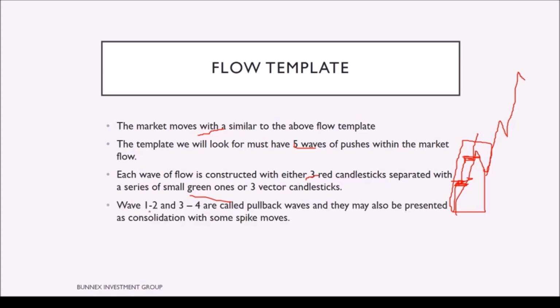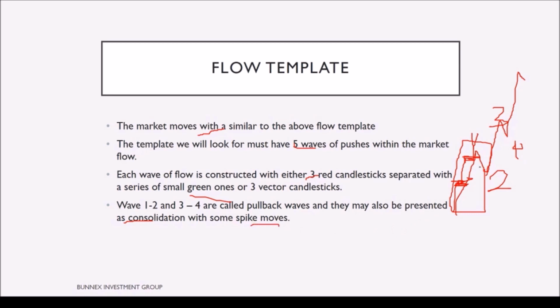Wave 1 to 2 and wave 3 to 4 are called pullback waves. So we'll have wave 1 here and 2 here, then we'll have 3 here and 4 here. So 1 to 2 and 3 to 4 are called pullback waves, and they may be represented as consolidation with some spike moves.